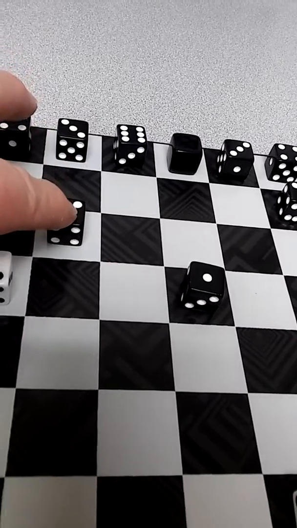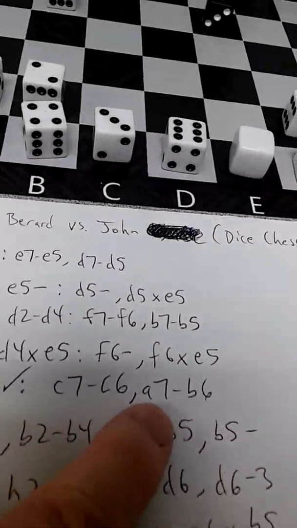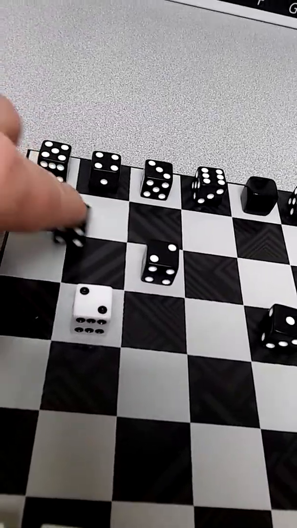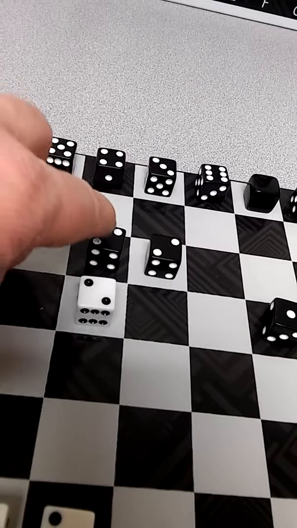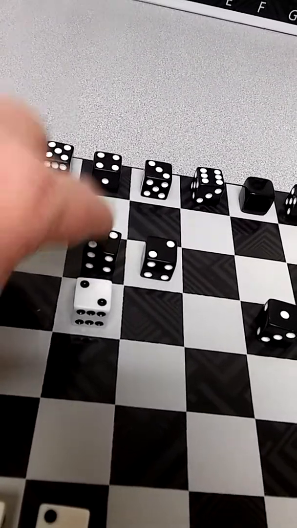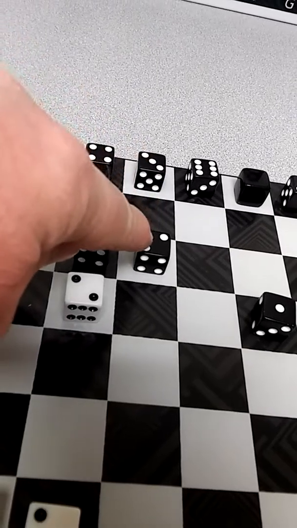So he's blocking the check. And then he went a7, b6. So he didn't need to do that because his 3 could have decremented to a 2 and recaptured back. But he did that anyway.